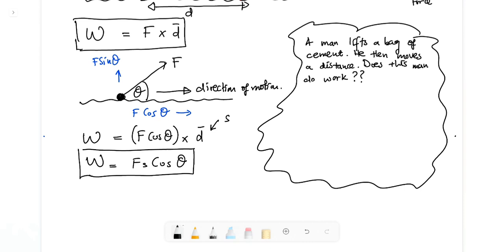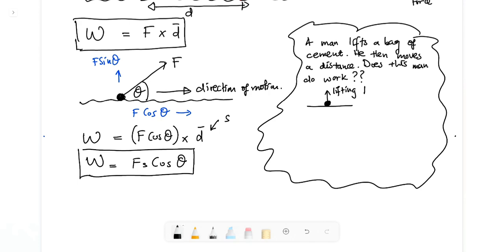Okay, so but then what is important, there are two things here that we need to focus on. Right, let's assume this is our ground, this is the bag of cement, right? In the process of lifting that bag, work is done against gravity.